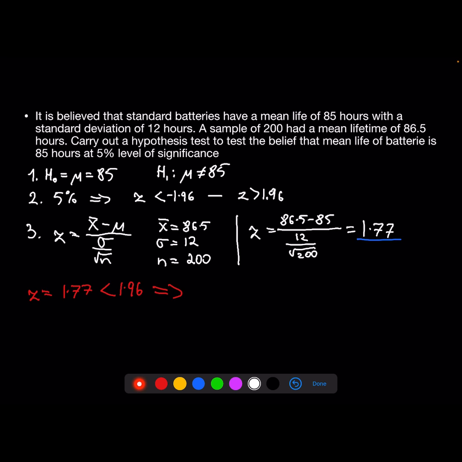So as my conclusion, I'm going to state that we do not reject H0, simply because the test statistic is not in the critical region. And the meaning of this is that if we do not reject the null hypothesis, then we can make a claim at 5% level of significance that the mean life of a battery is 85 hours.